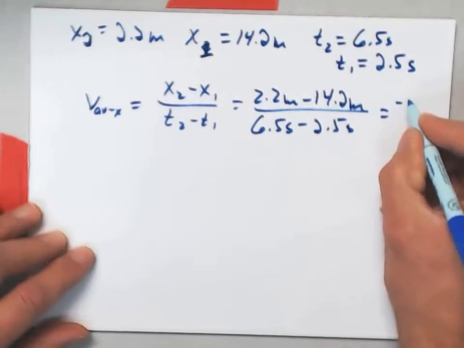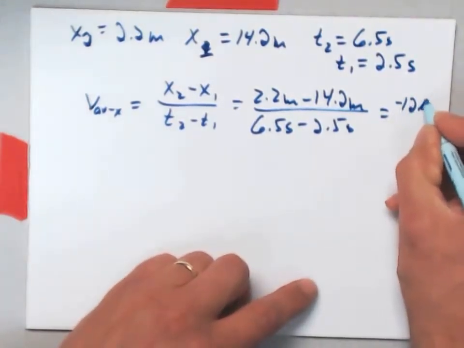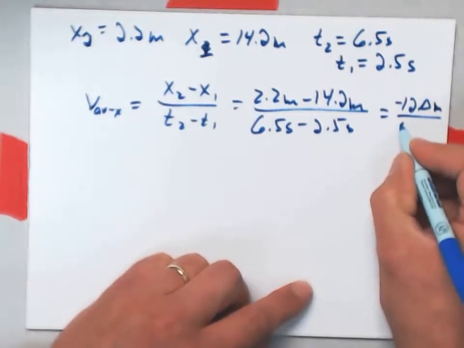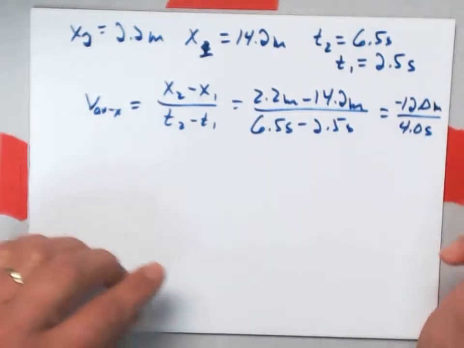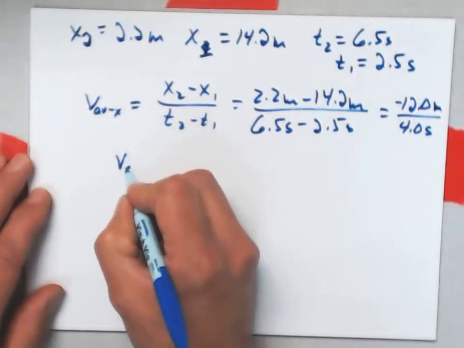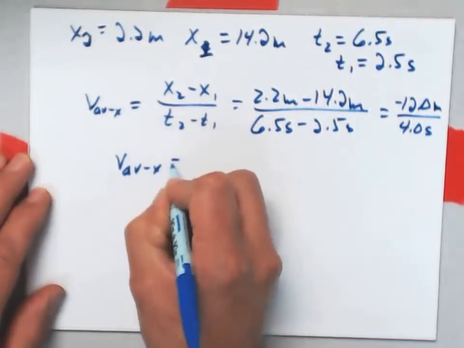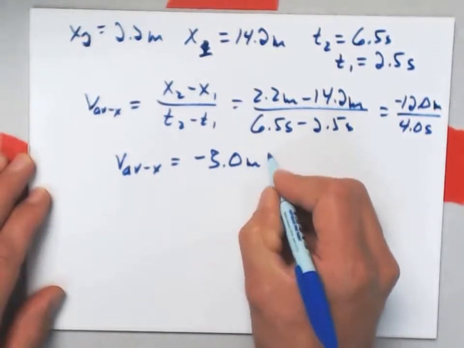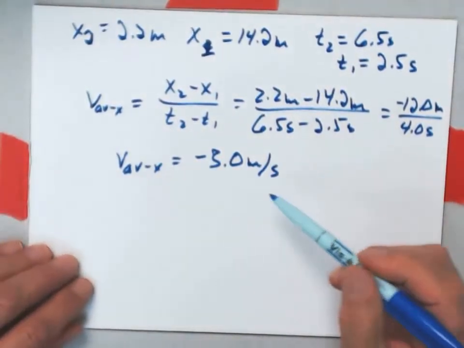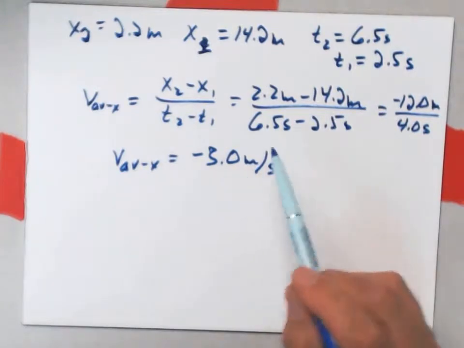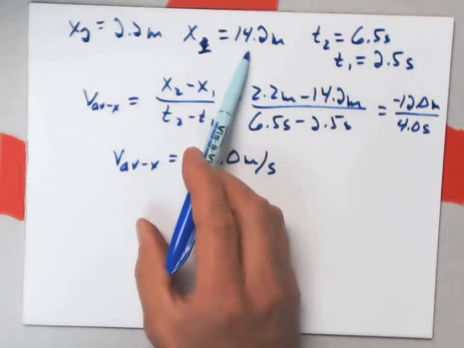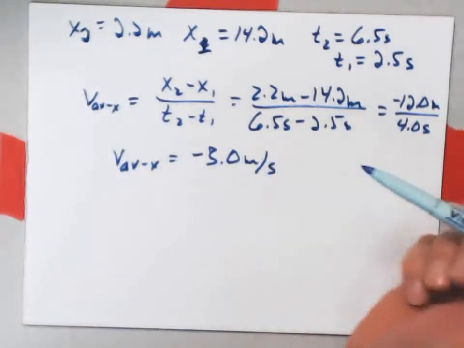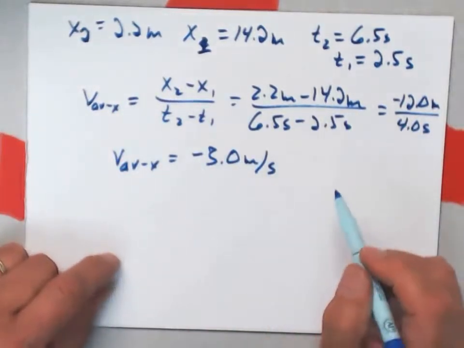This is going to be negative 12.0 meters on top and 4.0 seconds on the bottom, and that comes out to the average velocity in the x direction of minus 3.0 meters per second. Okay. We get a negative sign on this one. Well, we started at 14.2 meters, we ended up at 2.2 meters. This thing is going in the negative x direction, that's why.